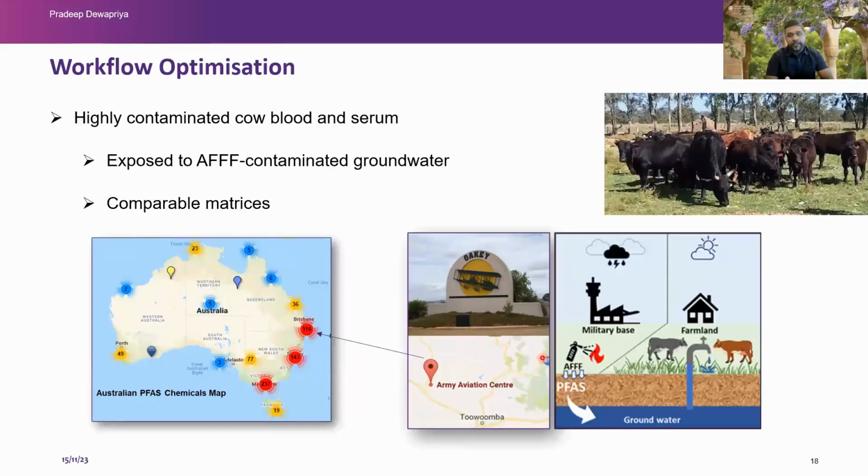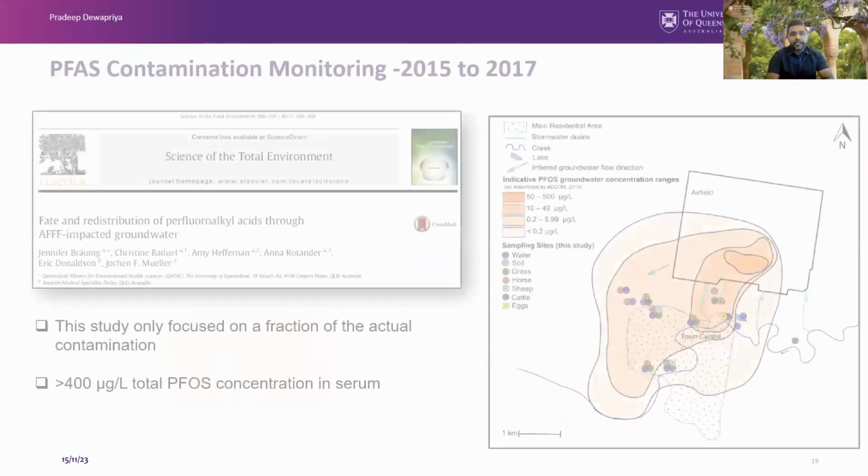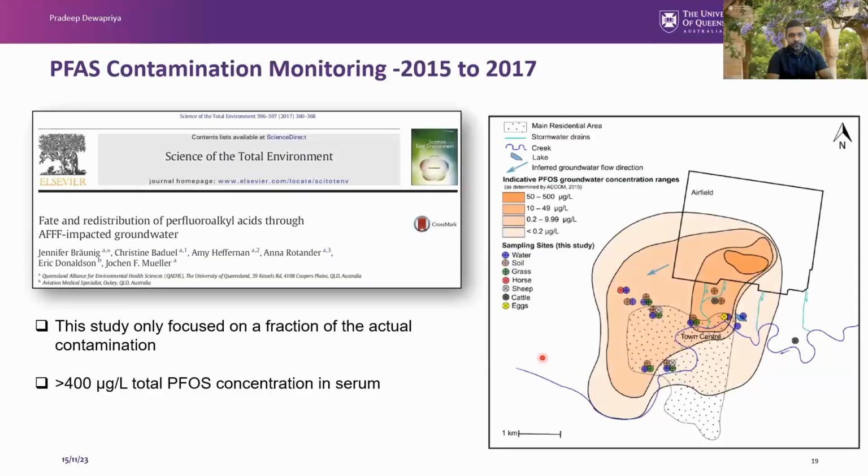These cows were held next to the aviation center and have been exposed to highly contaminated groundwater for an extended period of time. So this was an ideal sample for us.